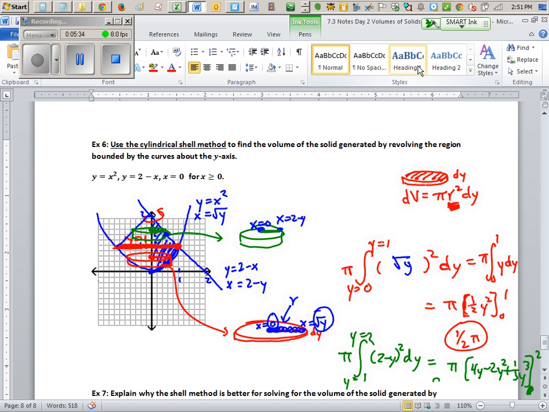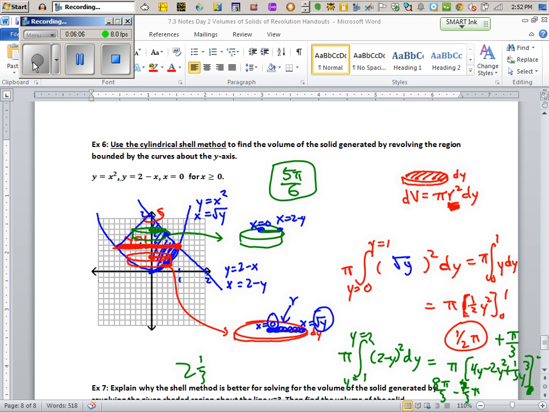So that's 8 pi over 3. And if you plug in the 1, you're going to get 4 minus 2 plus 1/3. So that's 2 and 1/3, 7/3 pi. So that's another pi over 3 in volume. So that's 5 pi over 6 for your total volume. Let me just check my answer. Yeah, that's correct.